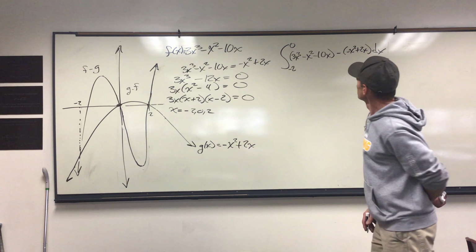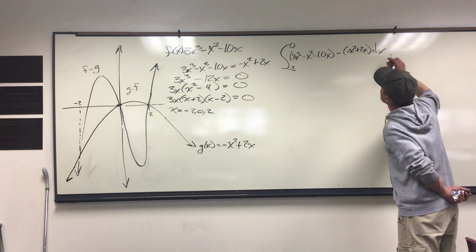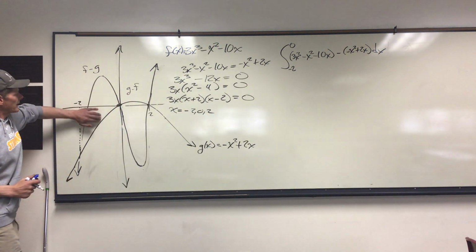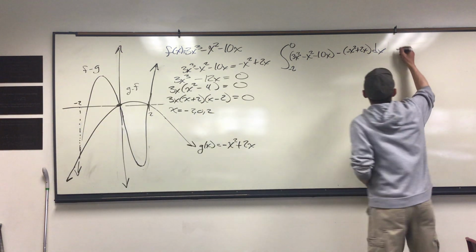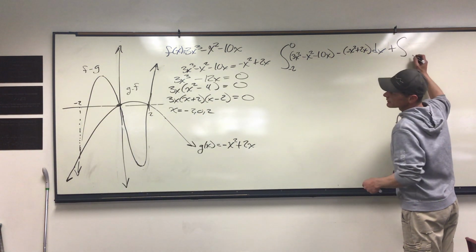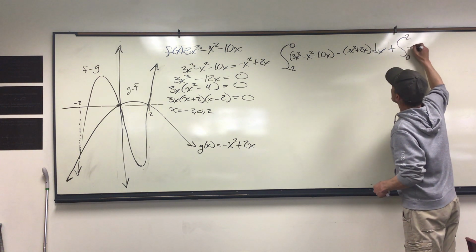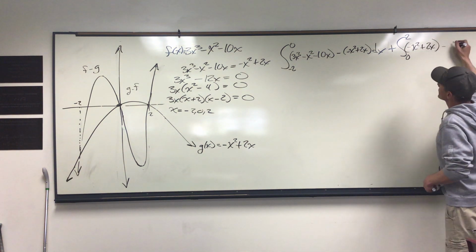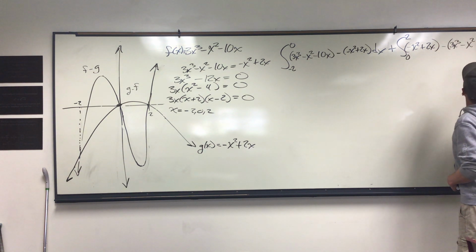That's the first integral. The second integral, that's right here. That integral will give us this area. The next integral that we have to add to it is plus the integral from 0 to 2 of minus x squared plus 2x minus 3x cubed minus x squared minus 10x dx.